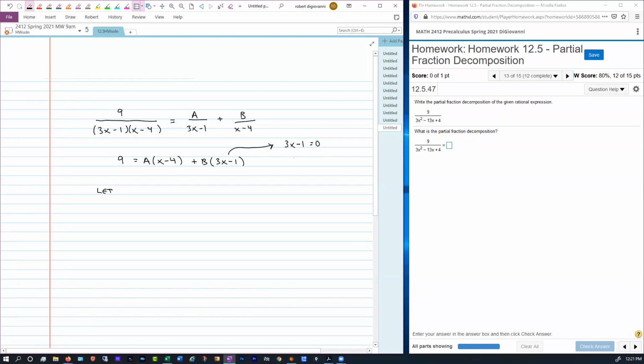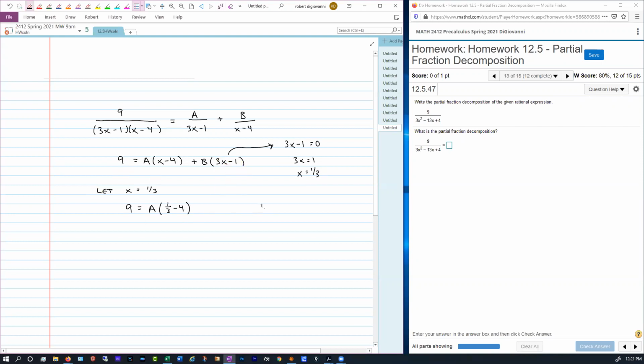And then solve. So 3x equals 1, x is a third. So if I let x be a third, I should be able to kill off that second one. So we'll have 9 equals a, and then we have 1/3 minus 4, and then we know that when we plug in a third here, it's going to go away.